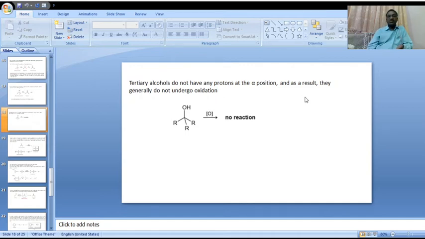Here there is no hydrogen atom on the alpha position, so this type of tertiary alcohol does not undergo the oxidation process. Is it clear?